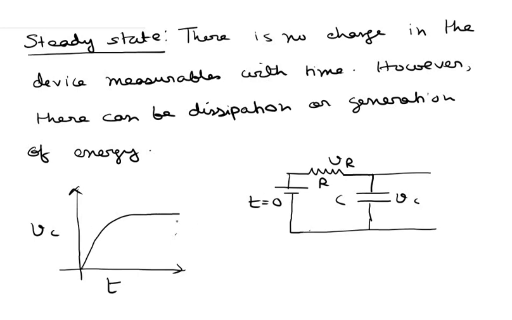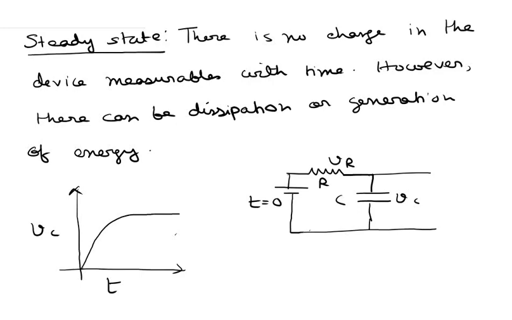However, this regime is the steady state regime actually, because the voltage across the capacitor is no longer changing. Okay, so there is no change in the device measurables with time. Okay, so this is basically what steady state is.